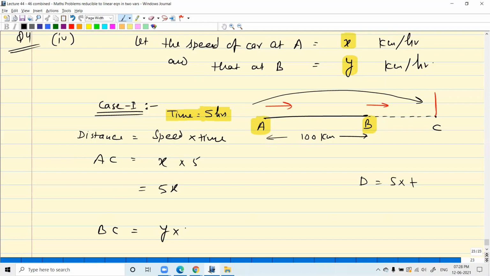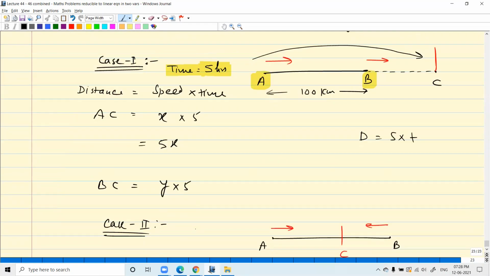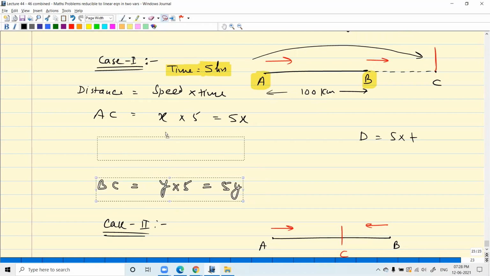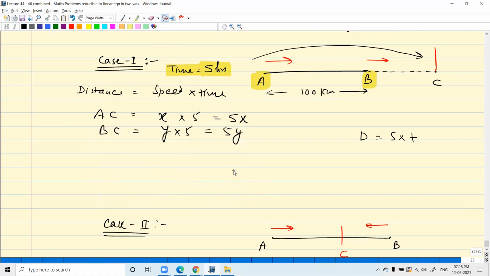Speed is y and time is 5. So it will be 5y. And remember, they have given you that A to B, this distance is 100 kilometers.